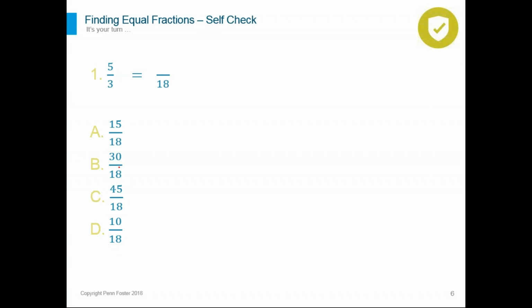Which one of these is an equal fraction to 5/3? You can take your time, write down the question, and think about a factor that you multiply 3 times to give you 18, and do the same thing on the top for the 5, and what number you should put on the numerator. I'm going to give you some time and then change my screen.